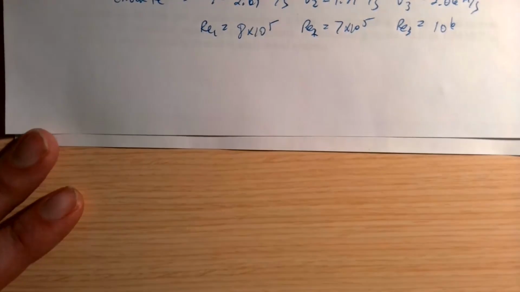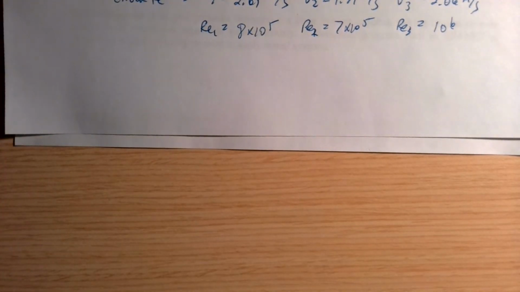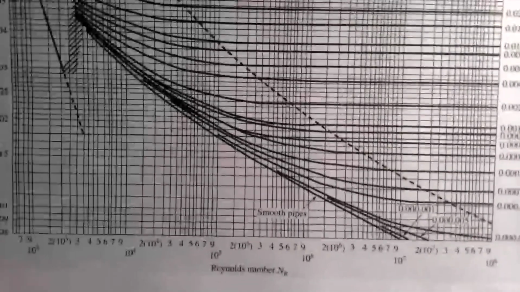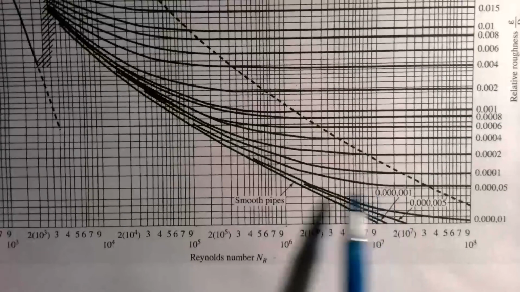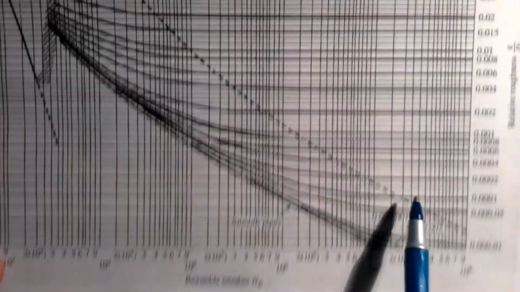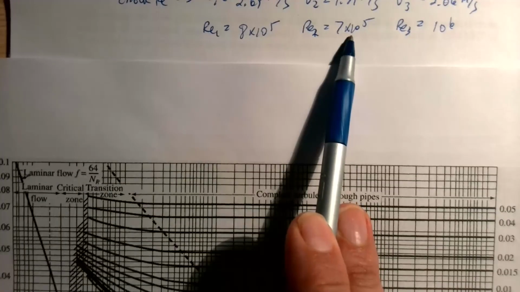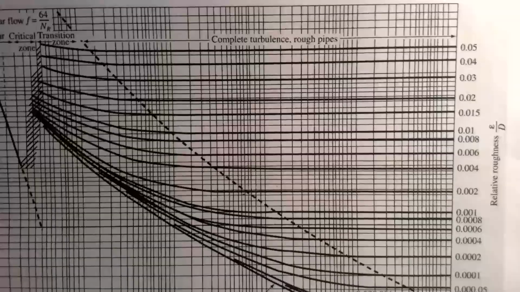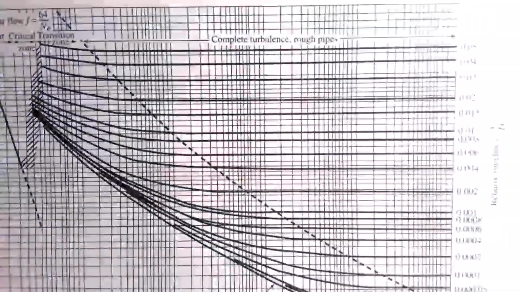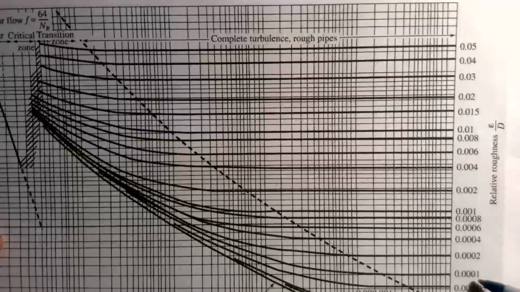So if we were to go look at our Moody chart here, or if we were to plug those numbers into the Swamee-Jain equation or another equation to estimate the friction factor here. So if we look at the smallest one, 7 times 10 to the 5th, and E over D2 is 0.0009.